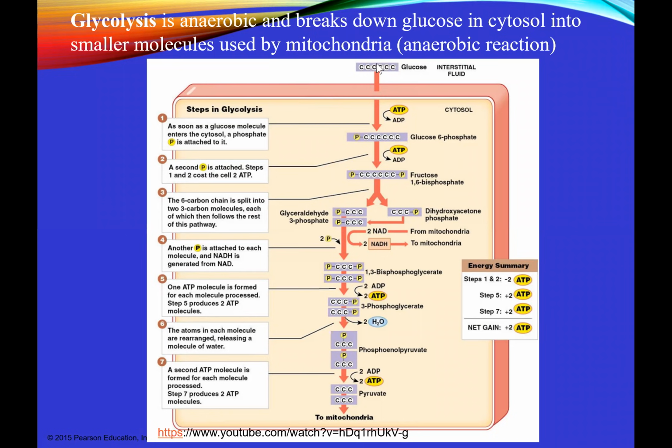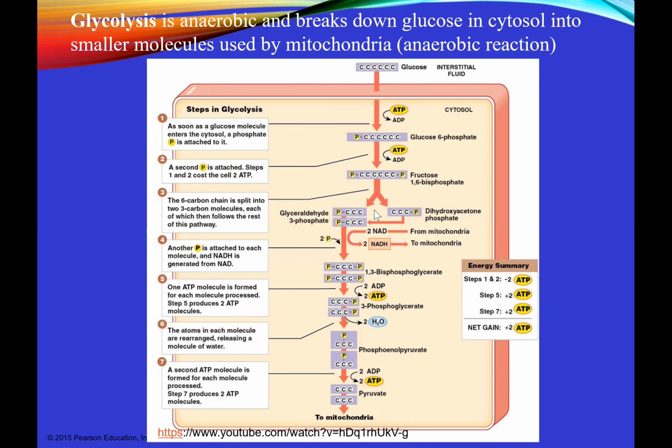So the first thing to do is glucose, which is a 6-carbon sugar, will be broken down into 3-carbon sugars through a series of steps. In the first 2 steps, you can see ATP has to be invested. Glucose will become glucose 6-phosphate that will be converted to fructose 1,6-bisphosphate, all using ATP. Then it breaks down into 3-carbon sugars.